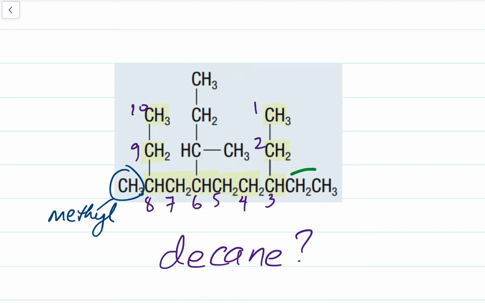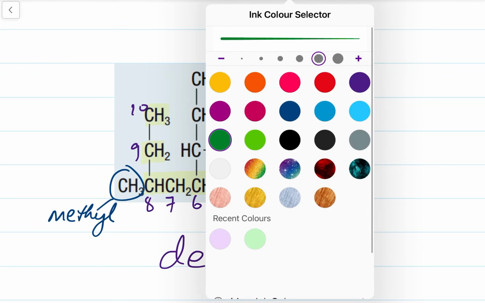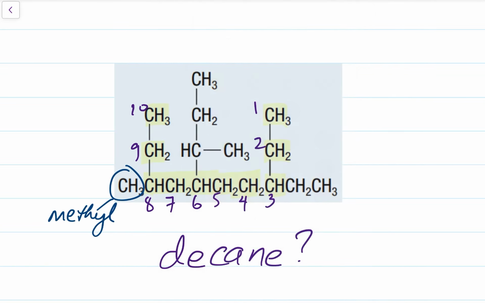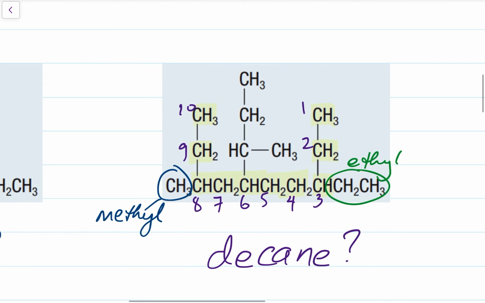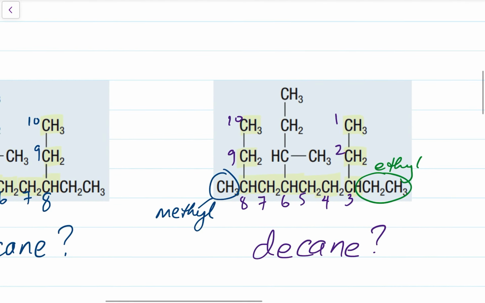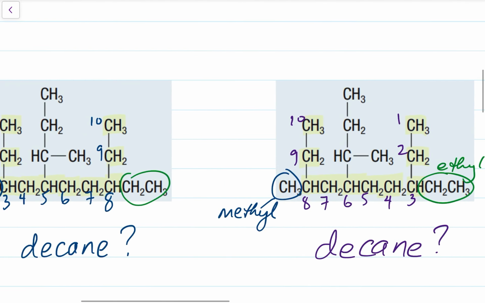And this one's just jumping out at me as ethyl. That pen's a bit thick there. Let me bring that back a bit. That's better. So we've got an ethyl group there. And obviously the same thing over here.